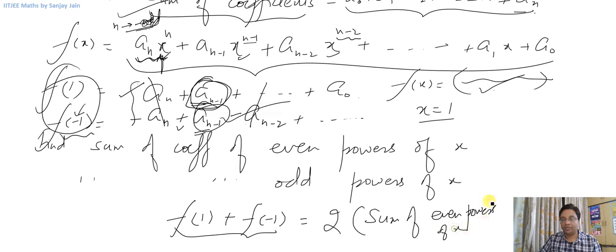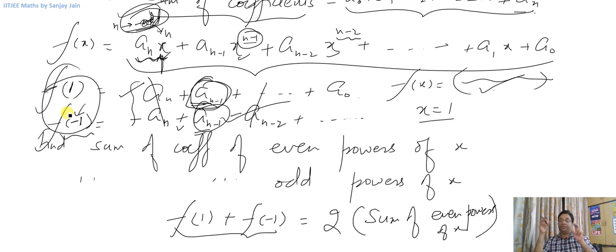It is not necessary that n is odd, n may be even. In that case n minus 1 will become odd. But we need to find the sum of coefficients of even powers of x, so it is sufficient that once you put x equal to 1, then you put x equal to minus 1.